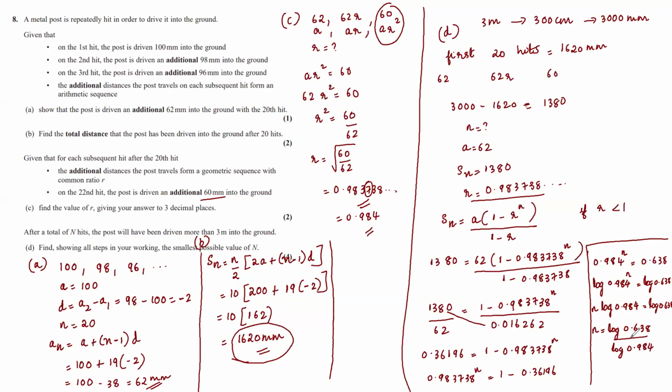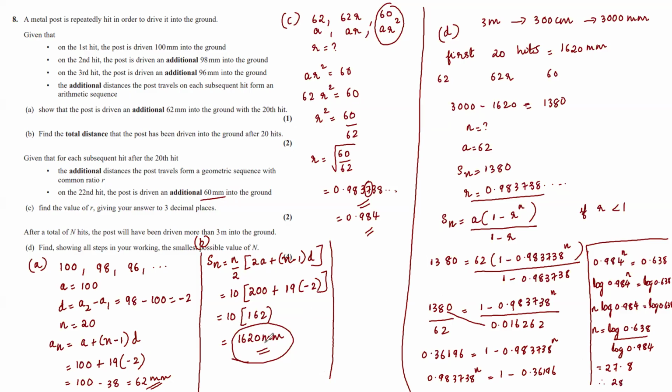Let's put that in: log 0.638 divided by log 0.984, which will give us 27.8. Therefore, we need to always round it up, since it should be the smallest possible value of n. The smallest possible value of n in this case will be 28.